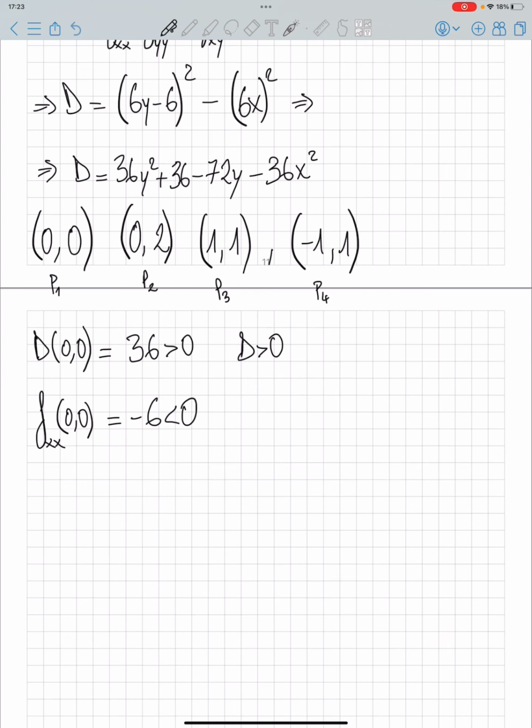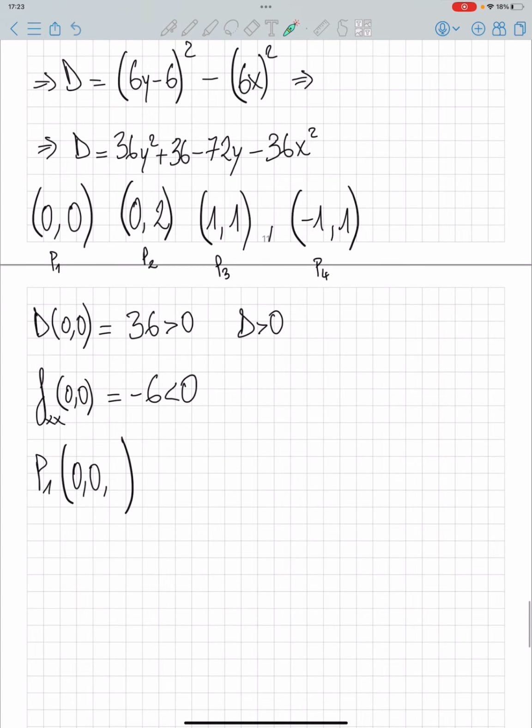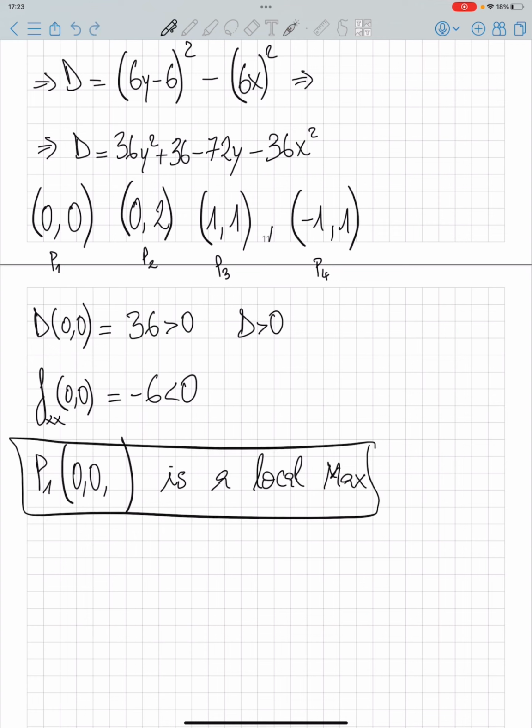So we can conclude that this point P1, (0, 0), I've left this space here because then we need to find the z value of this point, right? So this point is a local maximum. This first point here is a local maximum.